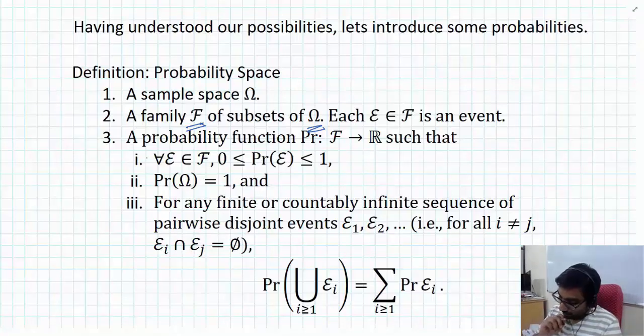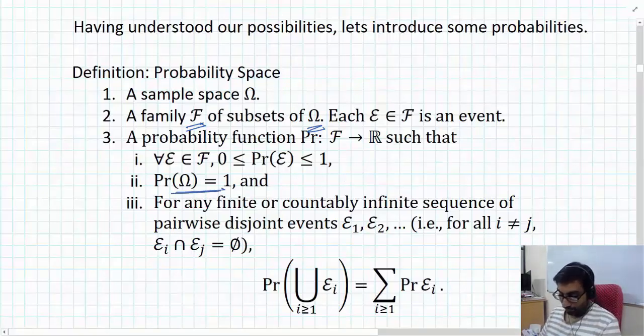basic axioms. First of all, probabilities are a measure of likelihood, and they range from 0 to 1. If it is 0, then it's impossible for that event to occur, and if it's a 1, the event must occur. So for example, if the event we are interested in is in fact the entire sample space omega, then one of the outcomes must necessarily occur, and therefore the probability of the sample space itself must always be 1.